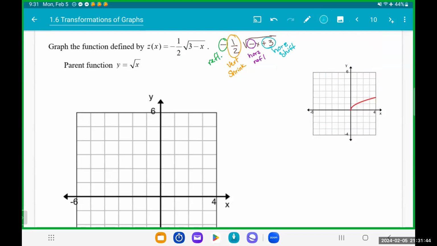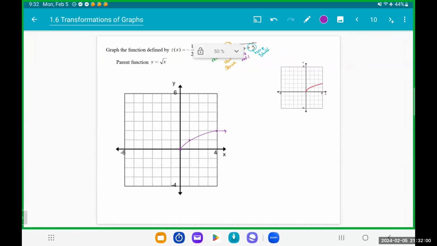So ultimately, 0 here, 1, 4, 2. This is what our parent would look like for our square root.